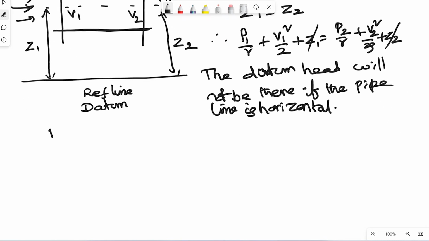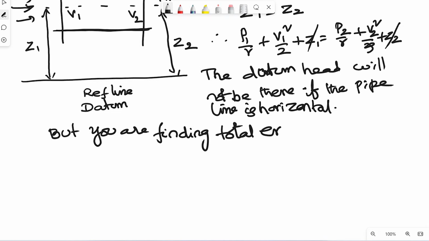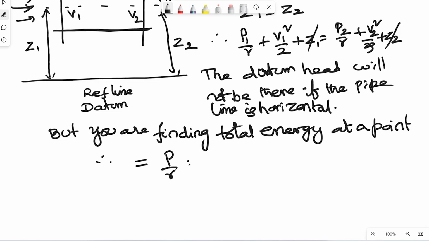But if you are finding total energy at a point, then total energy is equal to p by gamma plus v squared by 2g plus z. That's all.